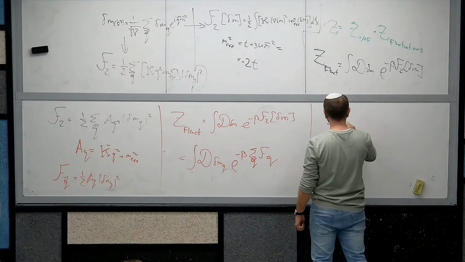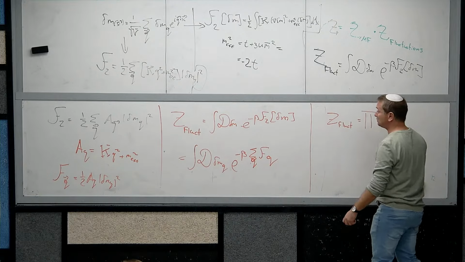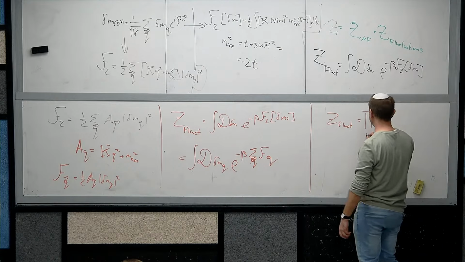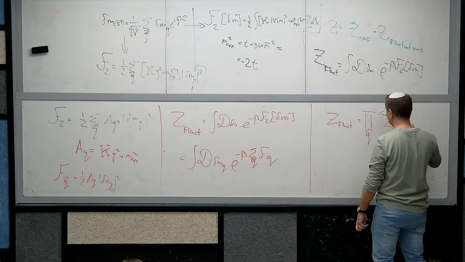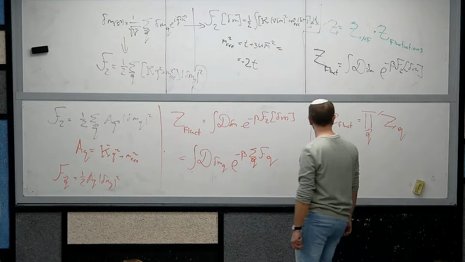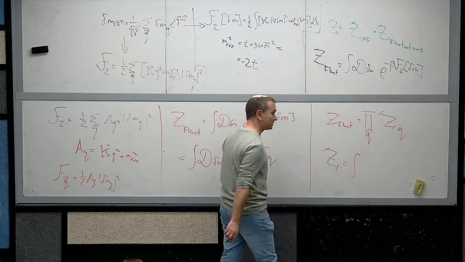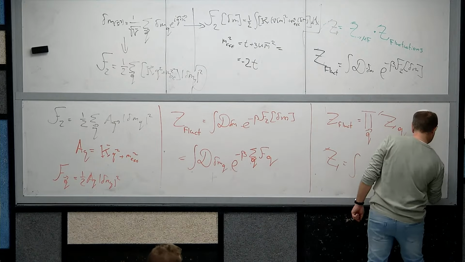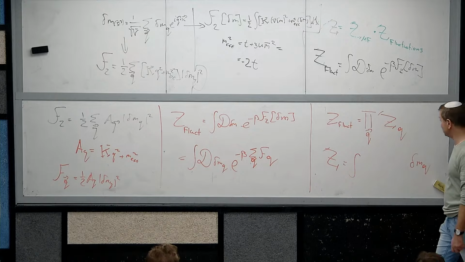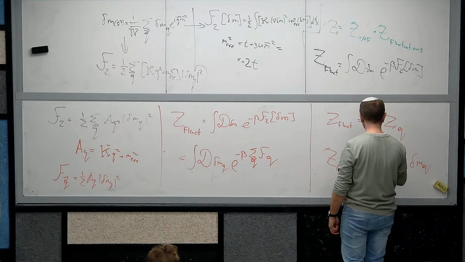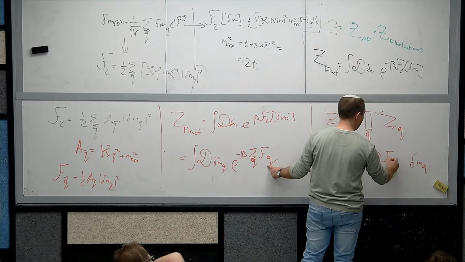Z fluctuation is a multiplication over all possible values of q of Z of q. And what is Z of q? Z of q is an integral over delta m_q of e to the power minus beta F_q.